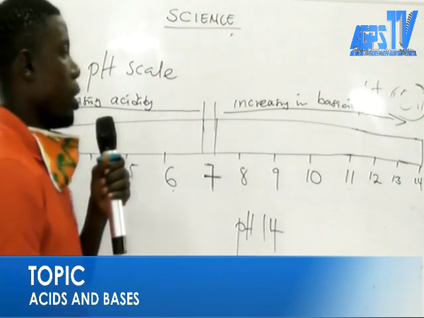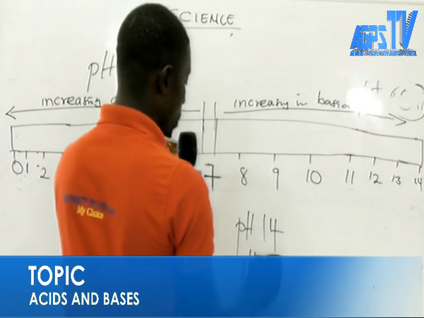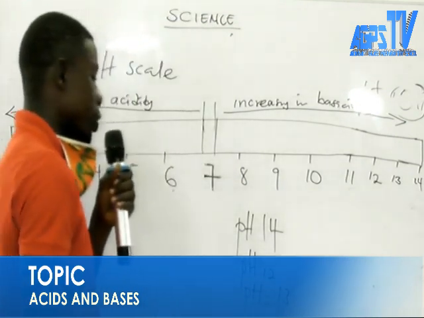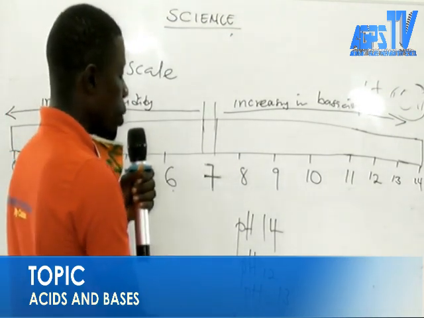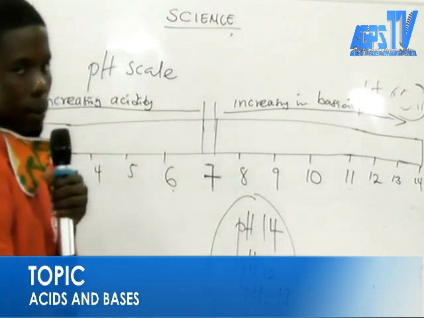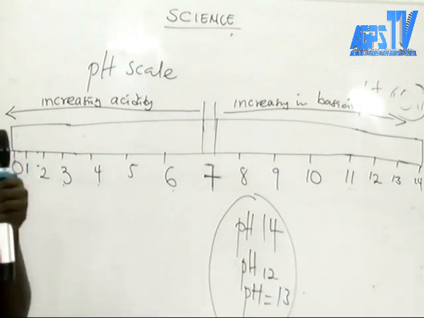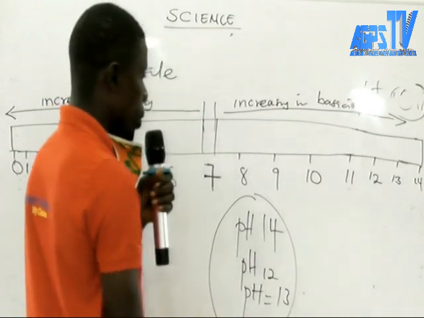Now, look at pH of 12 and pH of 13. All these are strong bases. They can conduct electricity. They are strong bases, highly concentrated. They can burn the skin if they pour it on you. They can burn your tissue.